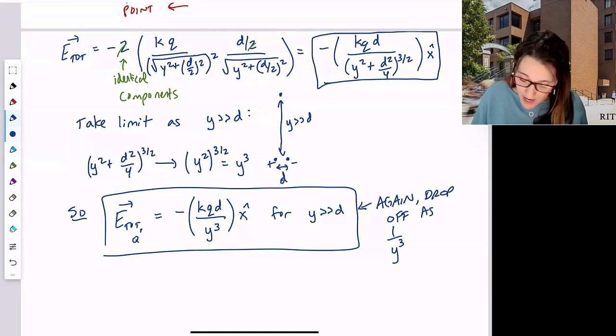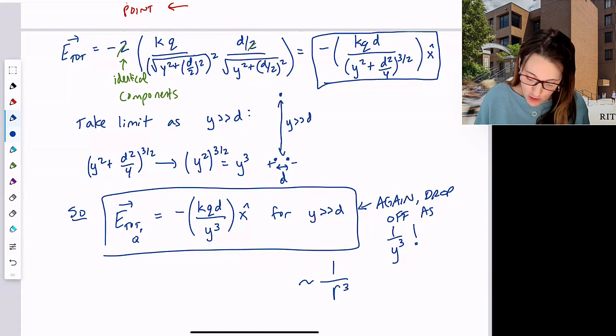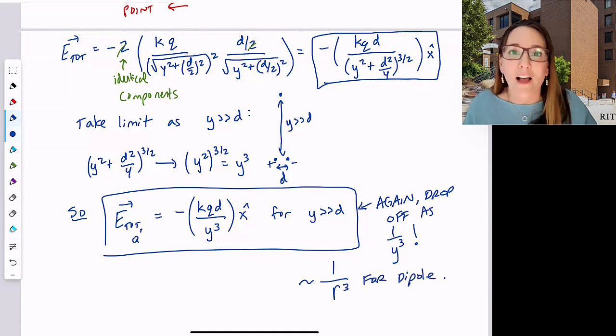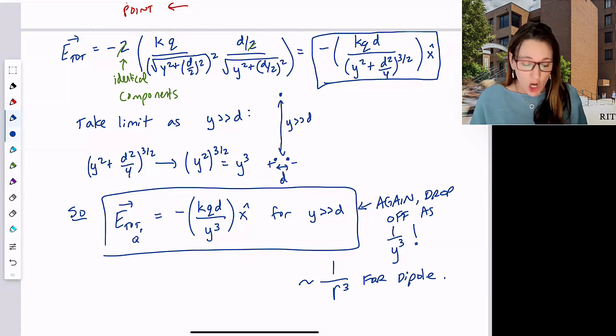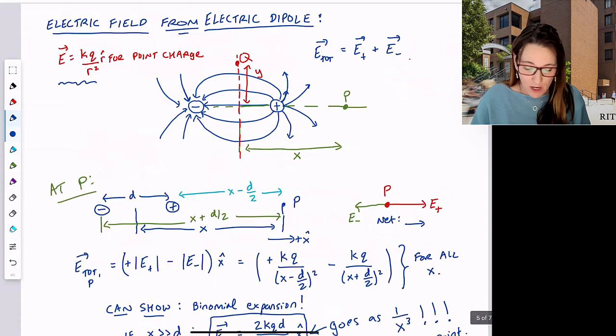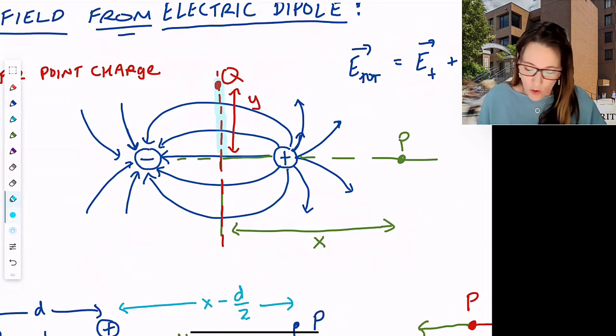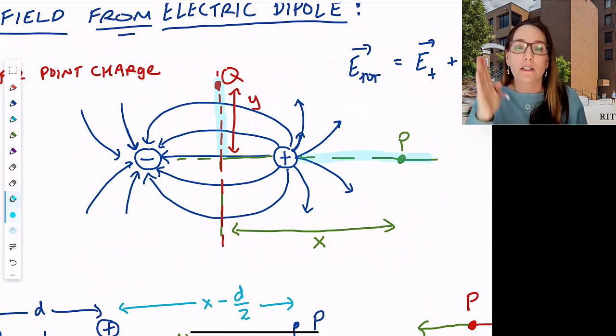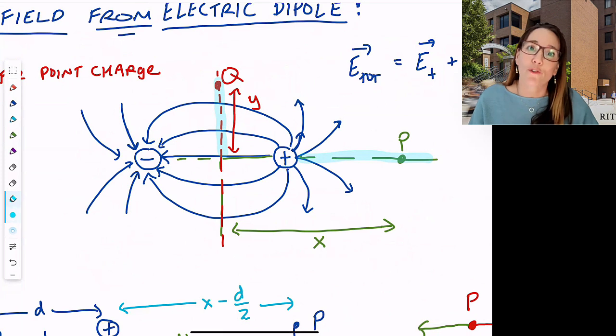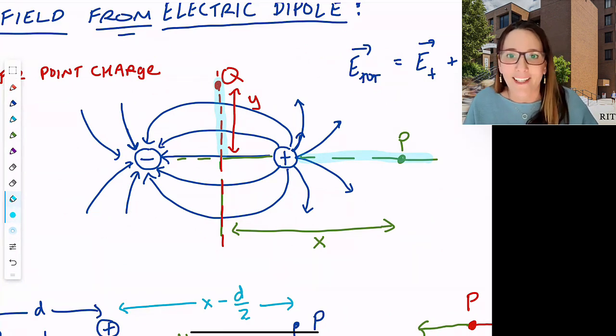So it's going as the scale 1 over r cubed for the dipole behavior, so that you can tell it's a dipole, and that we got the same result whether or not we were looking on its perpendicular axis that we just solved for along here, or if we were looking along its axis through the line of the dipole itself. We get this characteristic dipole electric field behavior.